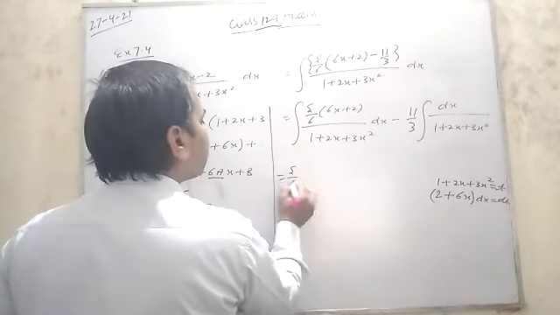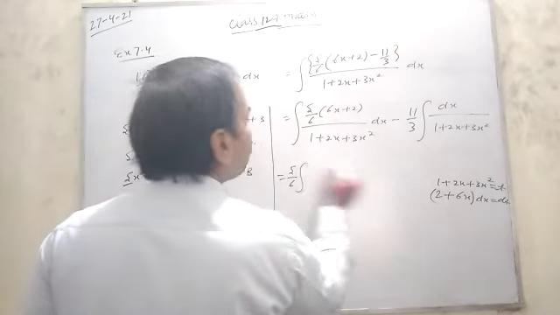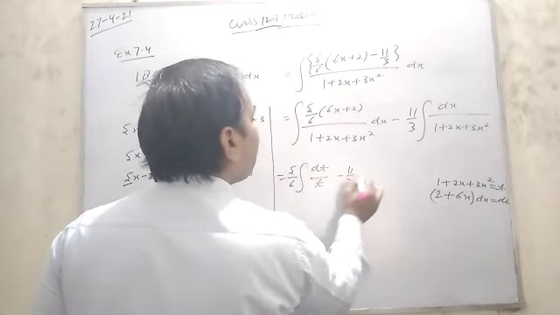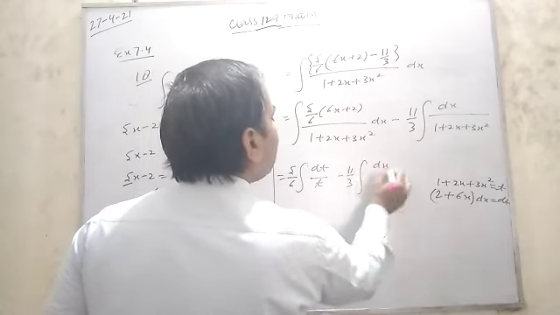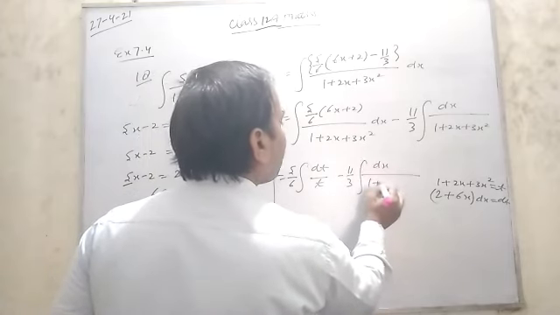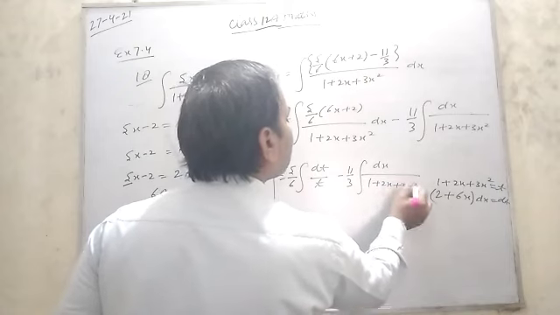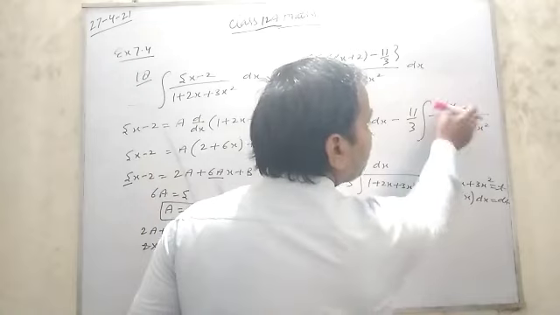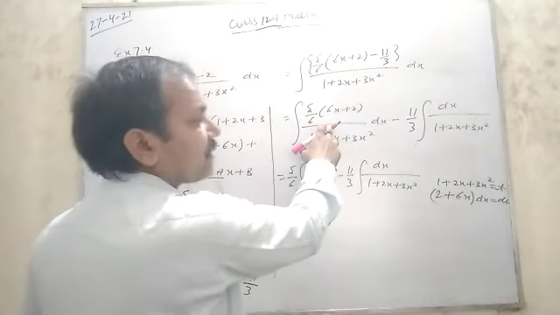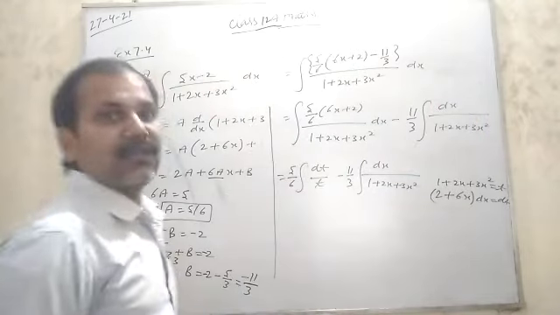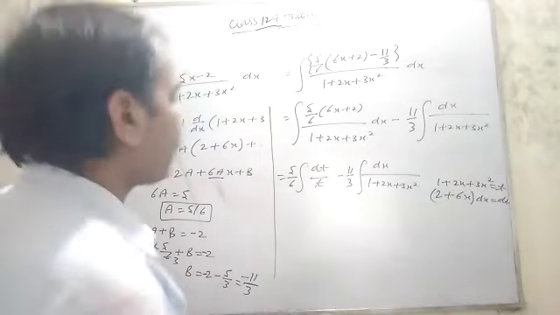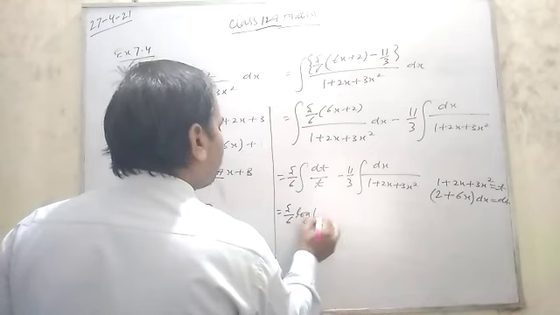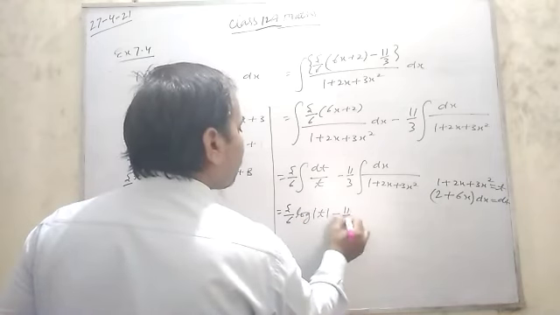So 5 by 6 constant times 6x plus 2 dx is dt upon t, minus 11 by 3 times dx upon 1 plus 2x plus 3x square. Here you cannot suppose t, because this is where you adjust, and in that it is not adjusting. So you have to do it another way. So this is 5 by 6 log mod t minus 11 by 3.